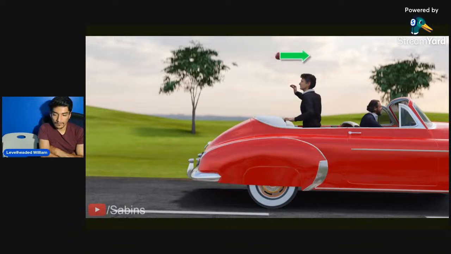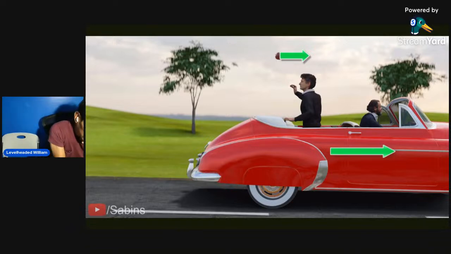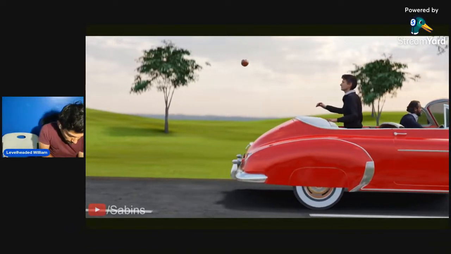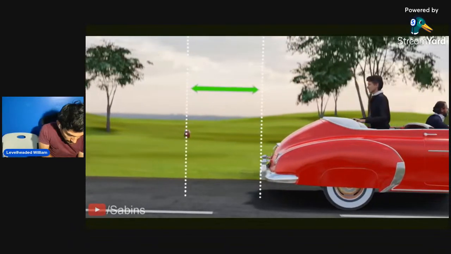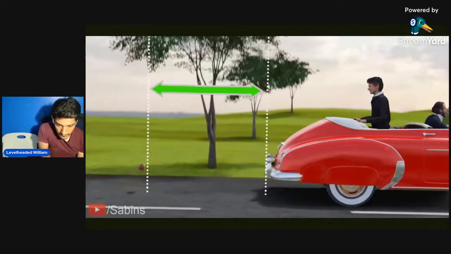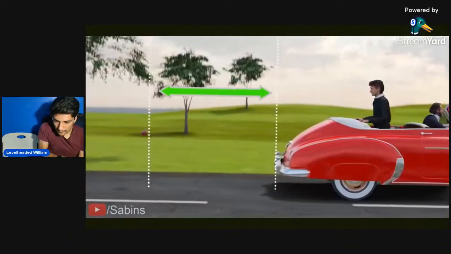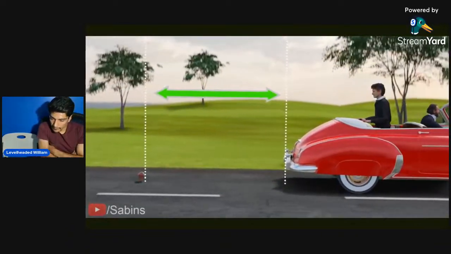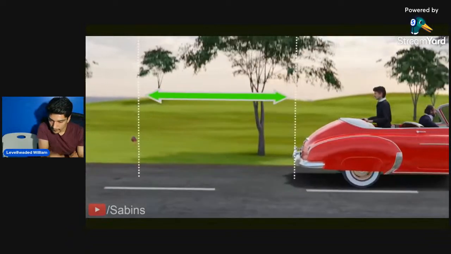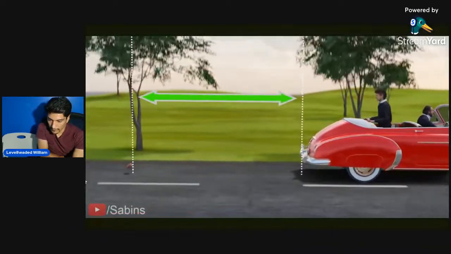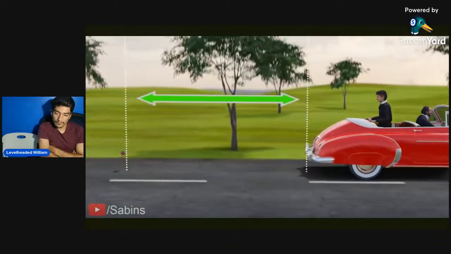The apple still moves in a forward direction, but with a lower velocity than the car, which means the apple will slowly move away from the car. Even after hitting the road, the apple will continue to have a forward velocity. So the apple has a forward velocity before and after hitting the road.